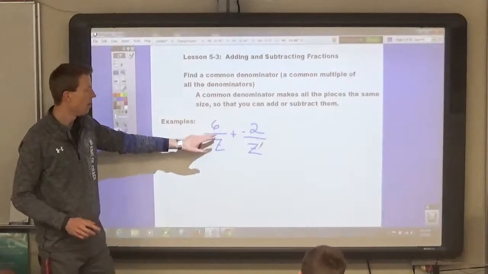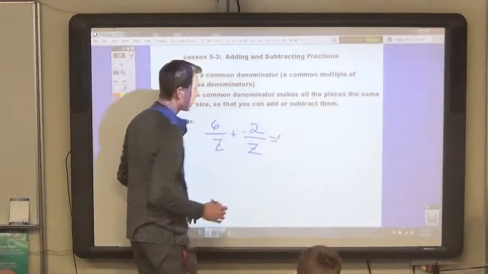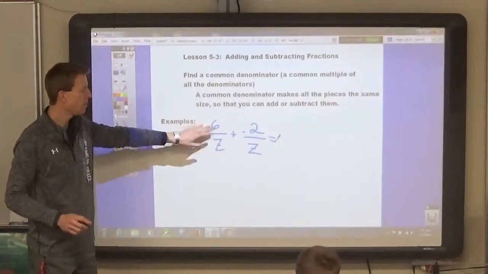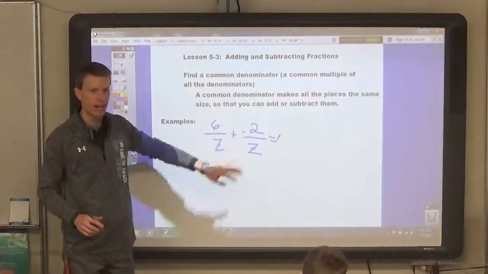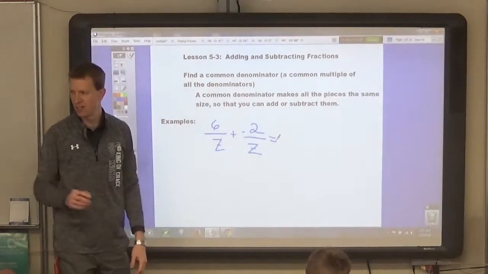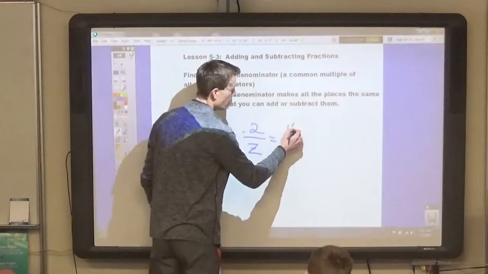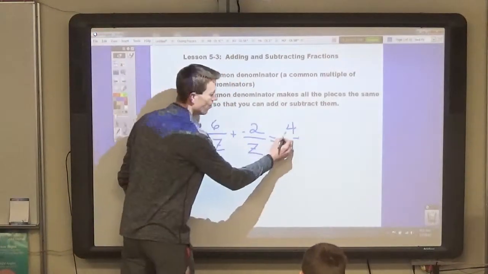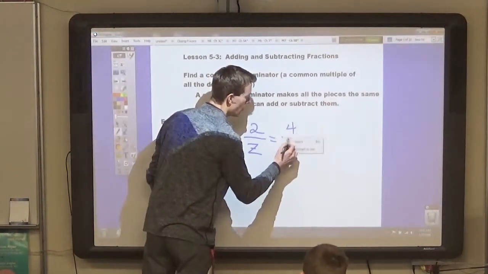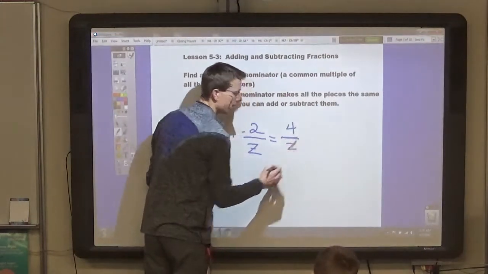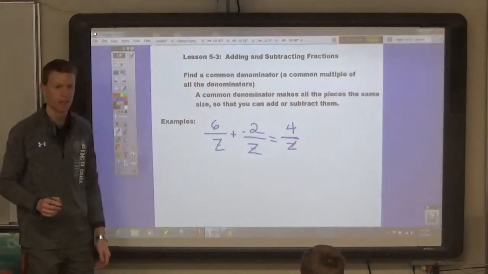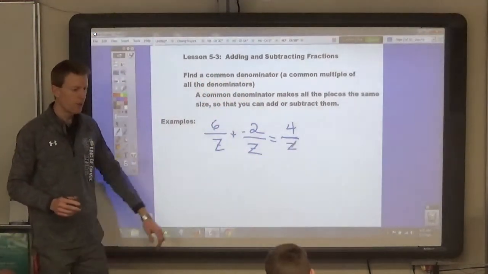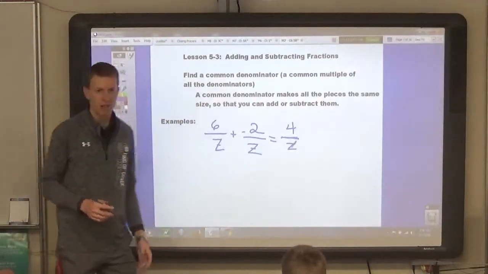We have 6 pieces and negative 2 pieces, so we add these together and you get 4 over z. Yep. 4 over z. Okay. And z represents a number.